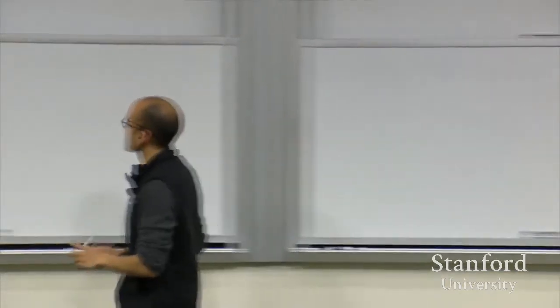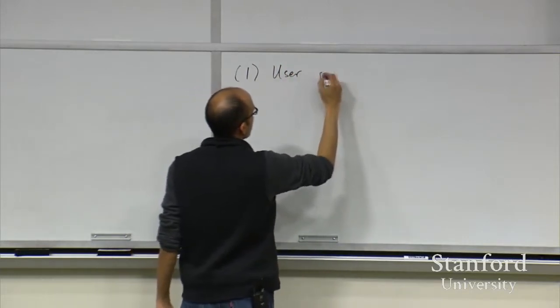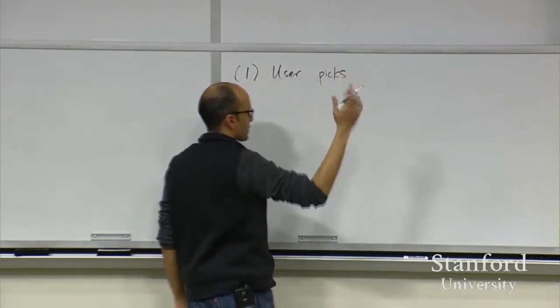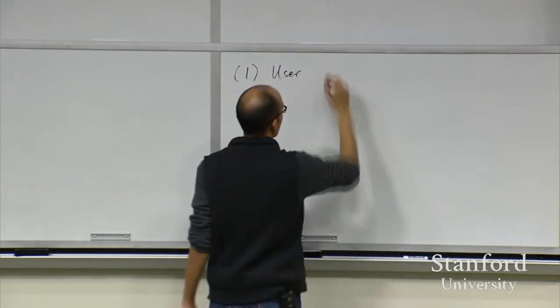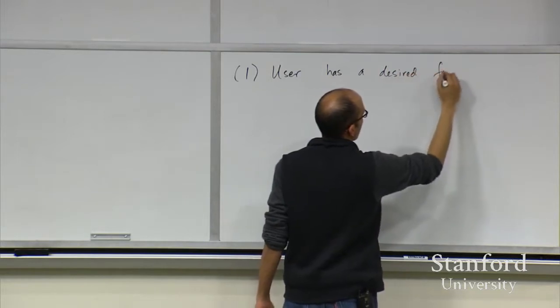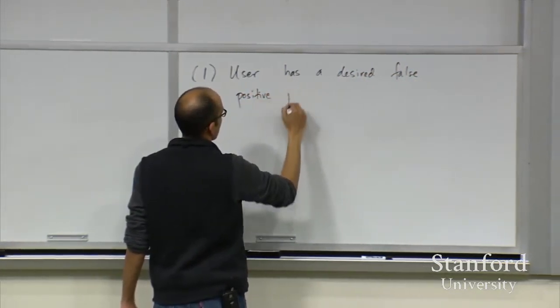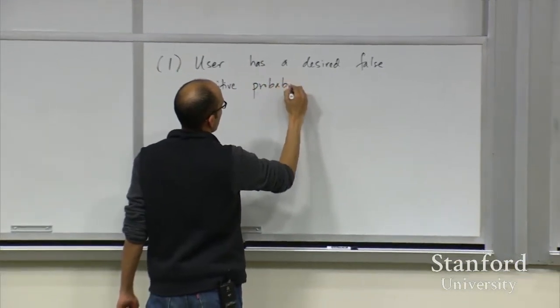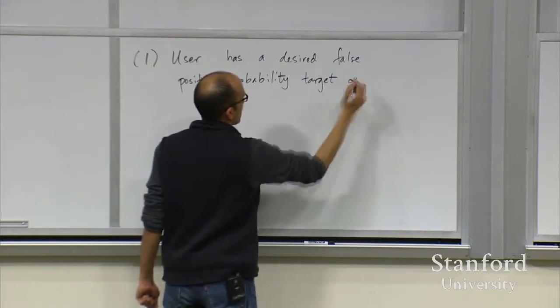Okay, so the idea is that first, the user picks, I mean, they don't have to do this. They can do this on their own, but let's say the user has a desired false positive probability target alpha. All right?